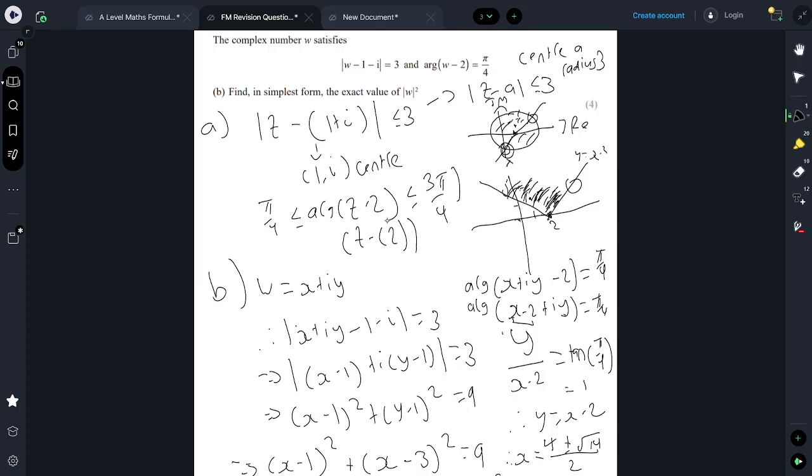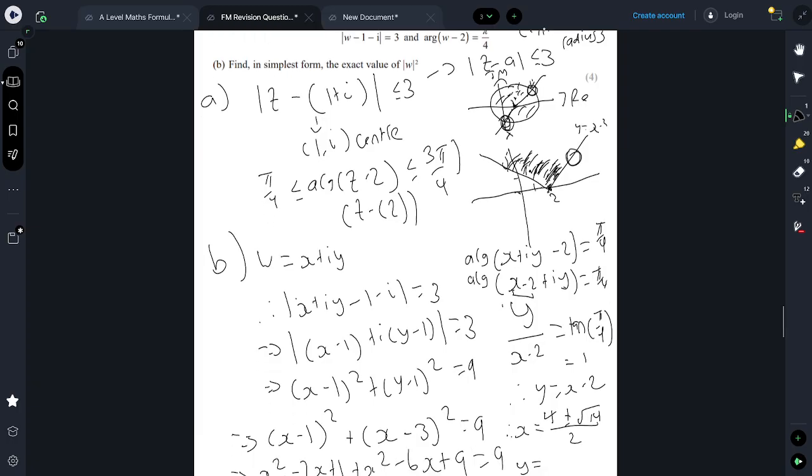But this is not in the region. Only this point here, which intersects the circle here, is in the region. So that's the only solution. You need to reject the one with a negative imaginary value and keep the positive one instead. Hopefully that's clear.